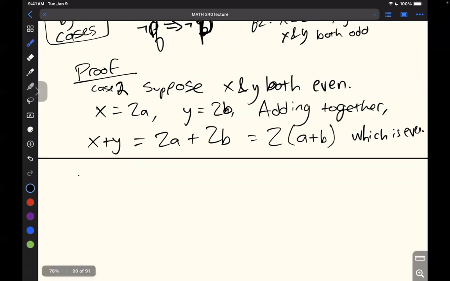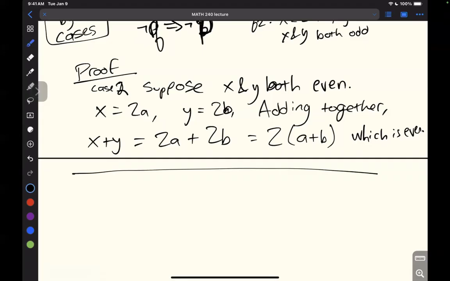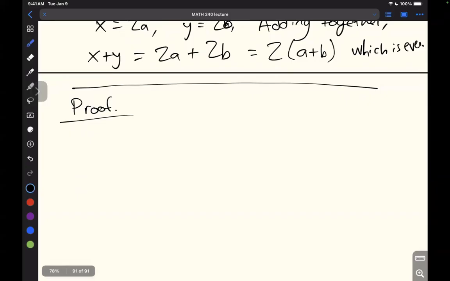Another way to prove it, which the book does, is they go through this sequence of De Morgan's laws, saying that the sum can't be even. So let's write what the book has, and maybe that will also help you understand.